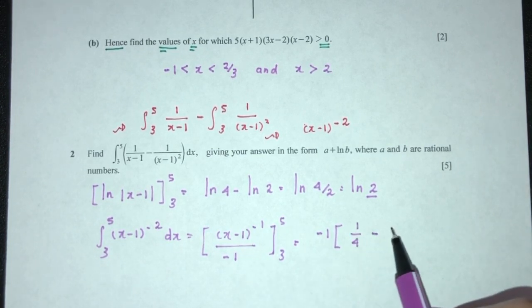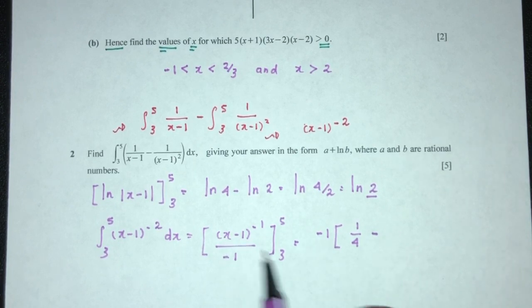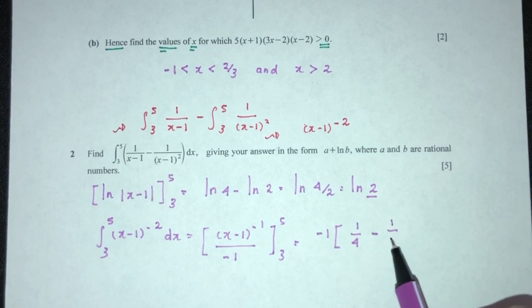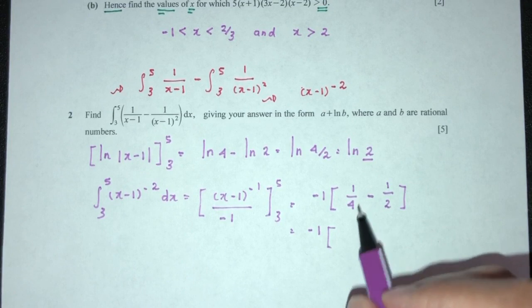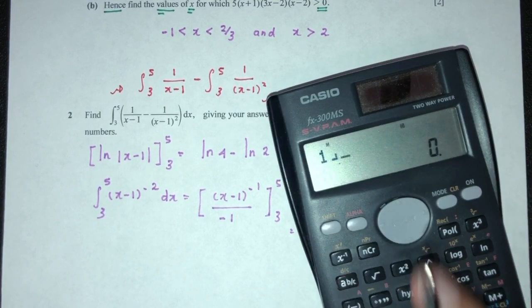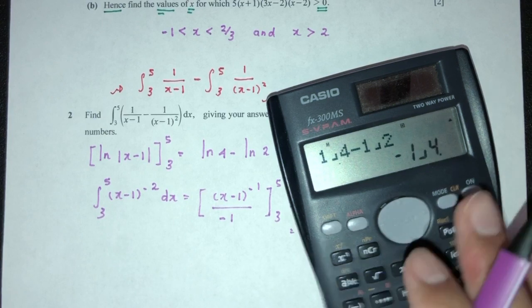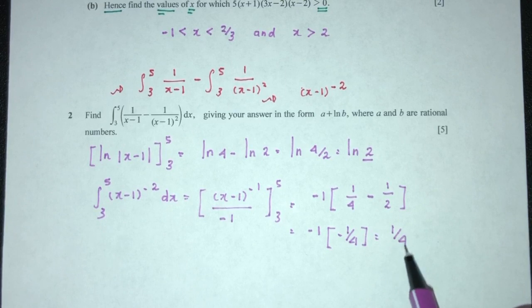And then here we have minus, and this will have what? 3 minus 1 is 2, 1 over 2. Right? So that will be minus 1 here, and here you will have 1 over 4 minus 1 over 2. That should be minus 1 over 4. And that will be 1 over 4 for your answer.